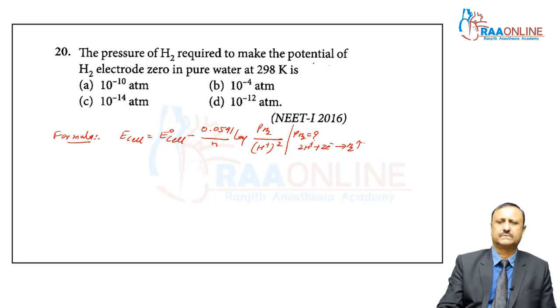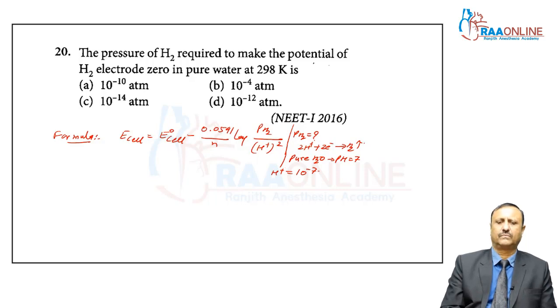So, in pure water, pH is equal to 7. So, H plus ions is equal to 10 to the power minus 7. Now, you can put these values, 10 to the power minus 7.